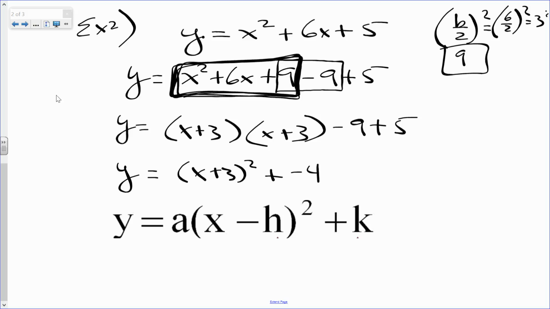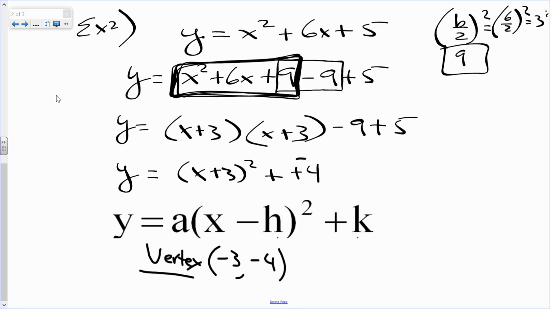X minus h, that means h is going to be negative 3. The vertex is going to be negative 3. And plus k, so that means k is going to be negative 4. So here's our vertex. There it is, negative 3, negative 4. Remember, when we get in this form, hk is your vertex.